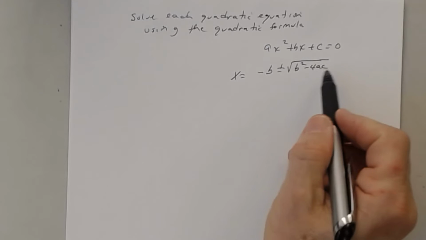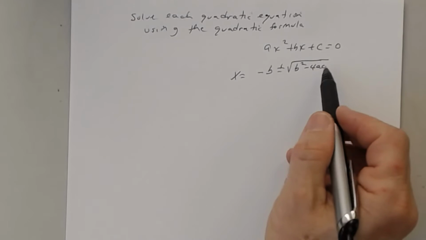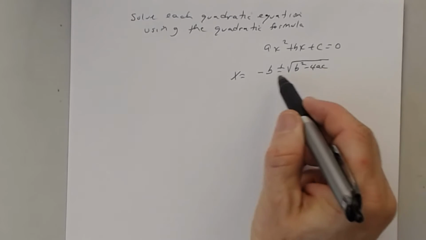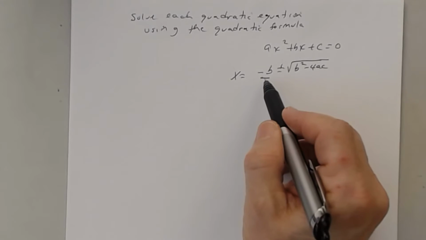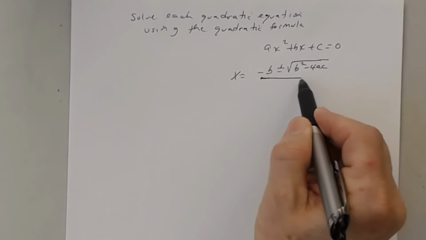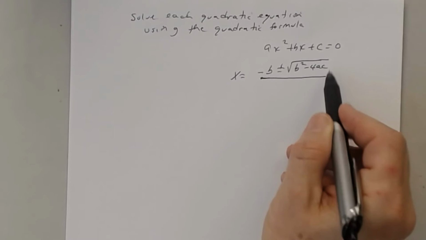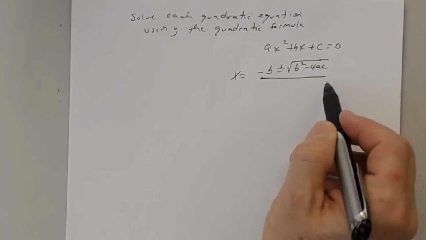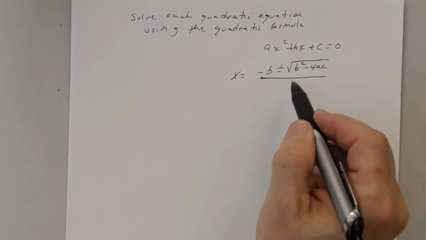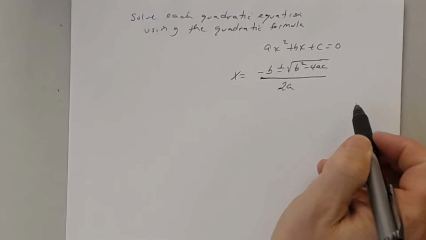So b squared minus 4ac is your radicand, all that's under the square root. And notice when I do the division symbol here, I'm going from negative b all the way to the end of that square root symbol, and all that's being divided by 2a.